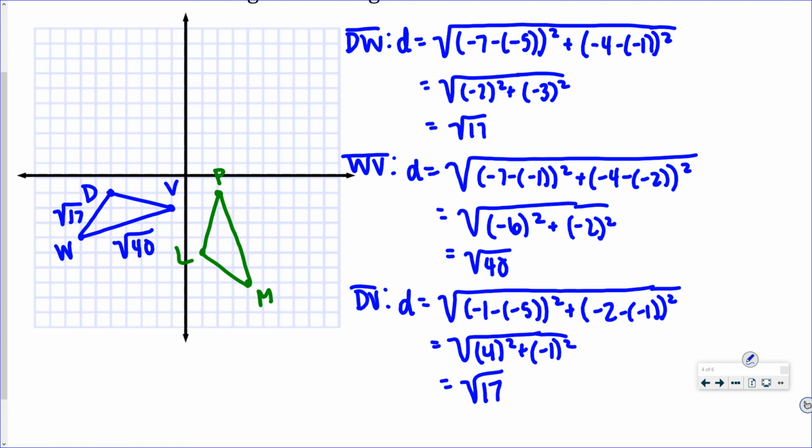No. Wait a minute. Did I do one wrong? They both aren't the square root of 17. The top one, 4 plus 9 is 13. Sorry. Oh my gosh. This is what happens when we go too fast. Okay, my bad. I was like, I don't remember them both being 17. Square root of 13, square root of 40, square root of 17. Those are right.